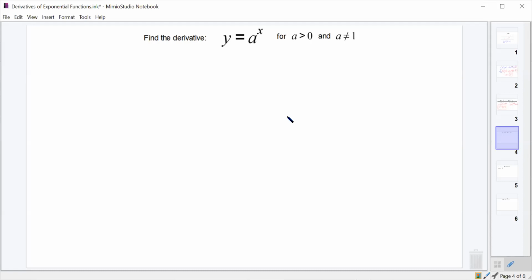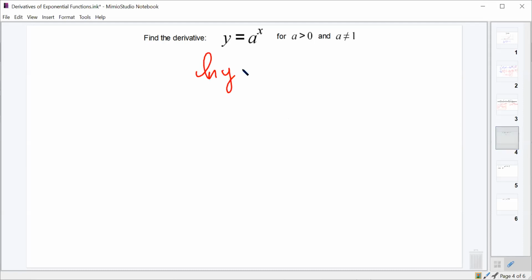Could we use the derivative of e to the x to help us? We can, but first we have to get it into a form that has an e to some power. So any thoughts on how we might get it into that form? Natural log? All right, let's try it.